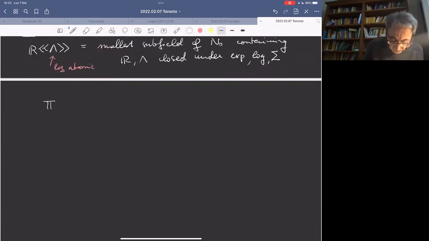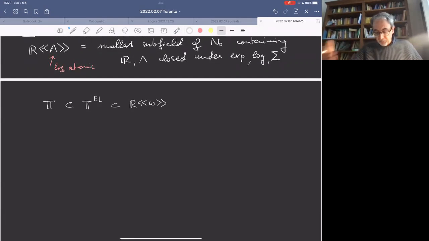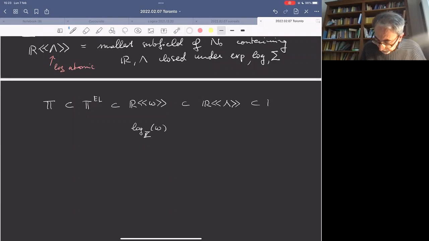We have the transseries, the logarithmic-exponential transseries, which are included in the exponential-logarithmic transseries, which are included in what I call the bracket of omega, which is the smallest subfield containing all the log-atomic elements of the form log n times of omega. And then we have this bigger field. And finally, we have the surreals.